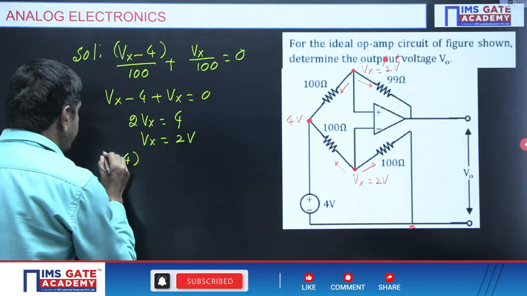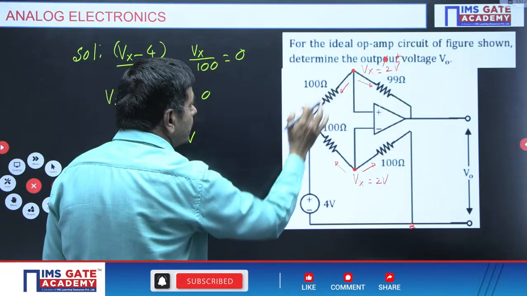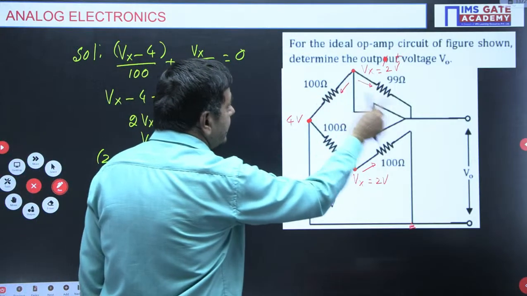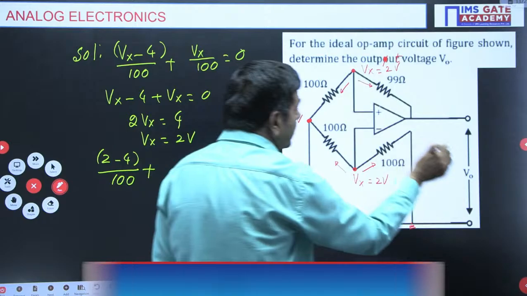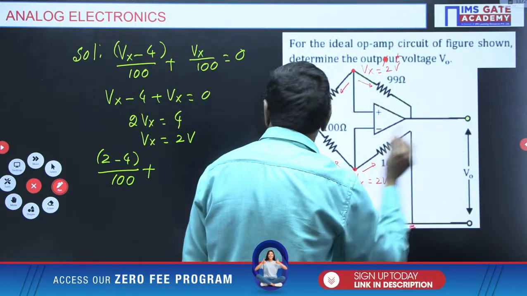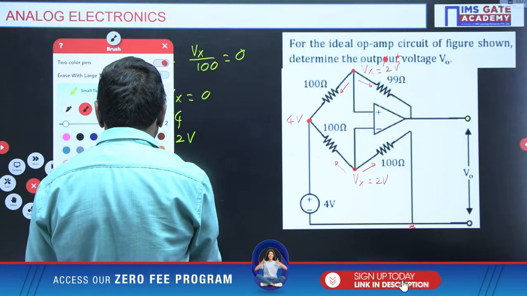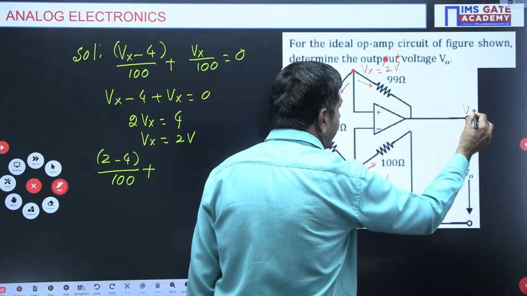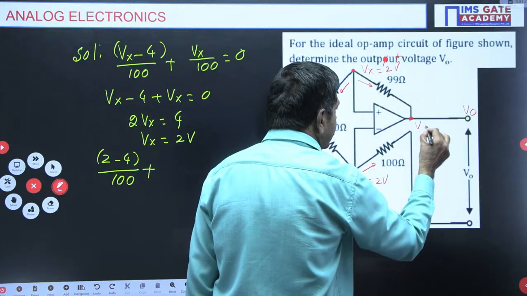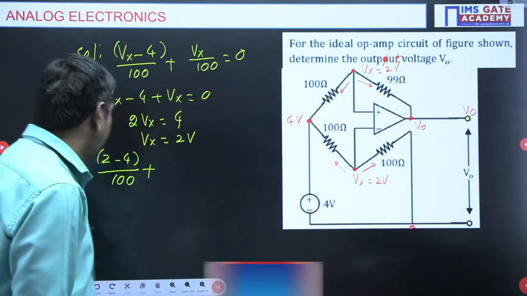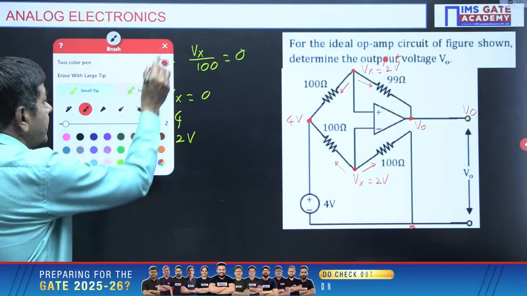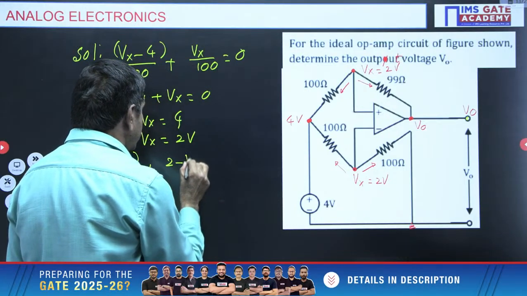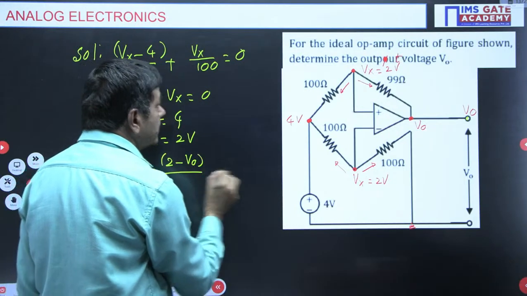2 minus 4 divided by 100, plus this current. If you want to find this voltage, it is V0 only. If this is 0 voltage, this must be V0, and then this voltage is also the same V0. Now what is this current? 2 minus V0 divided by 99.